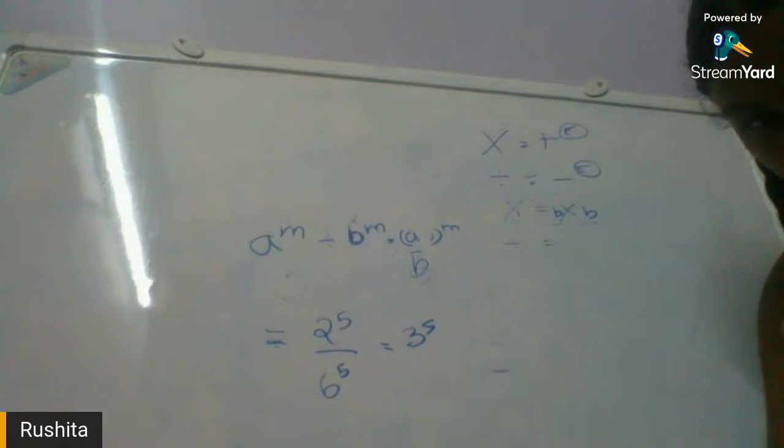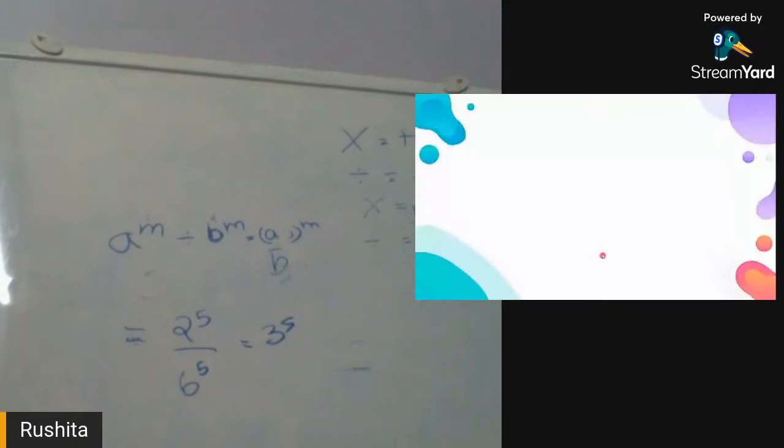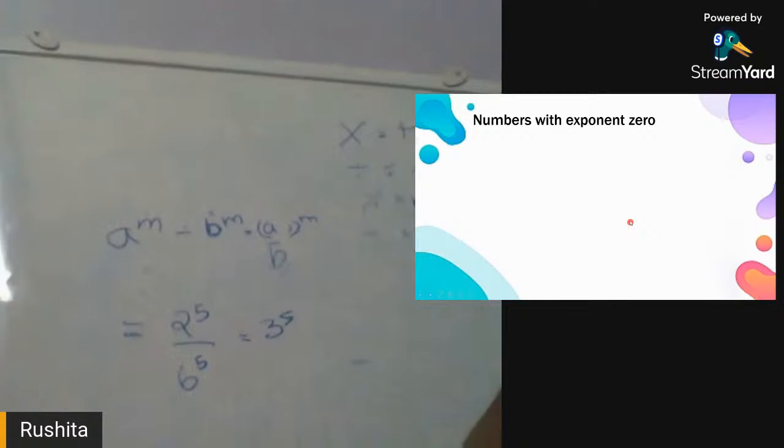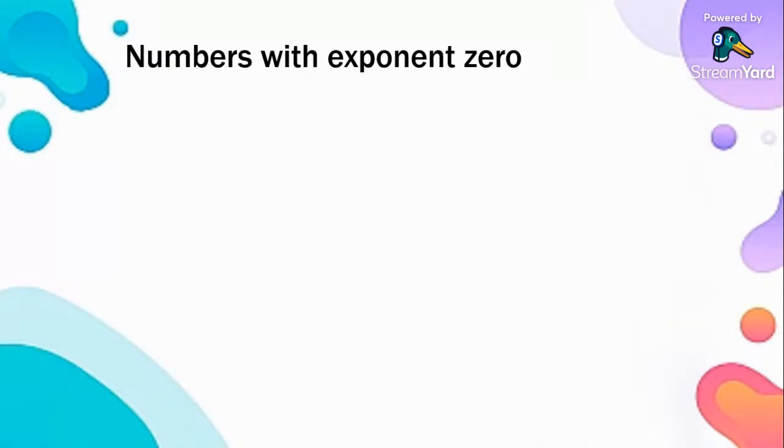Let me just present my screen once more. Yes. Now let's go to the next one. Hope you can see it. Numbers with exponent 0.